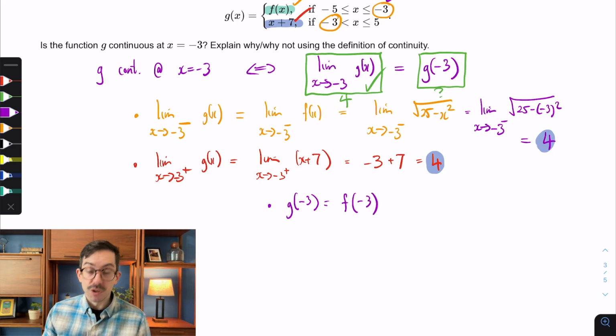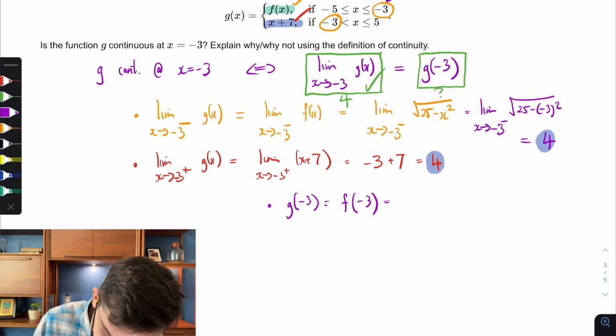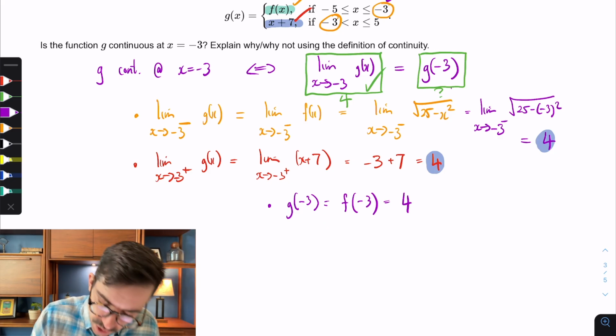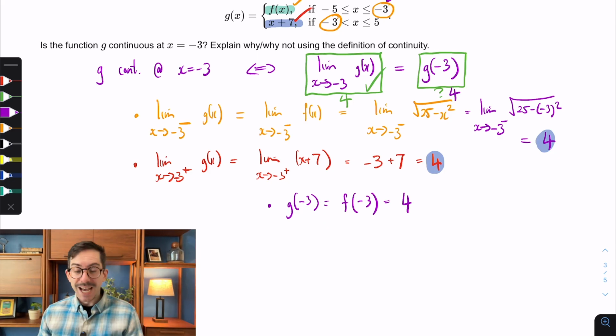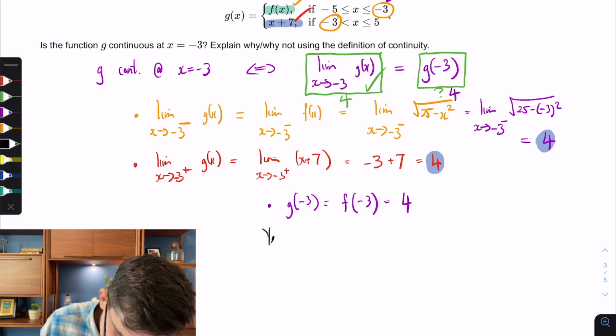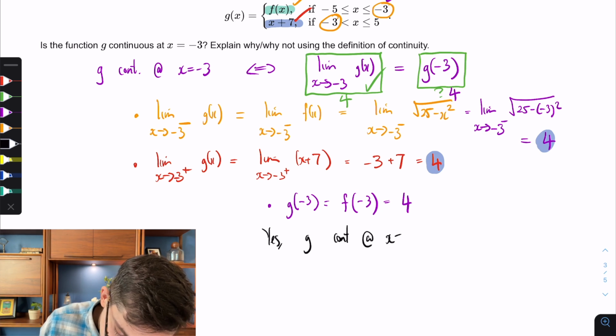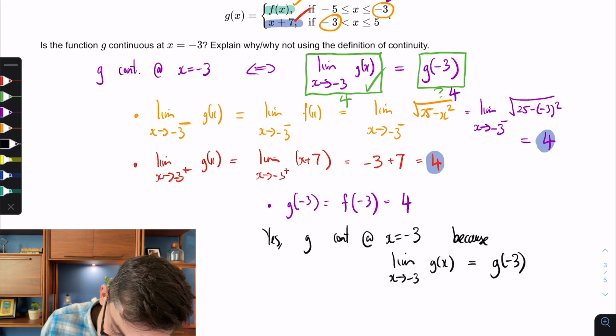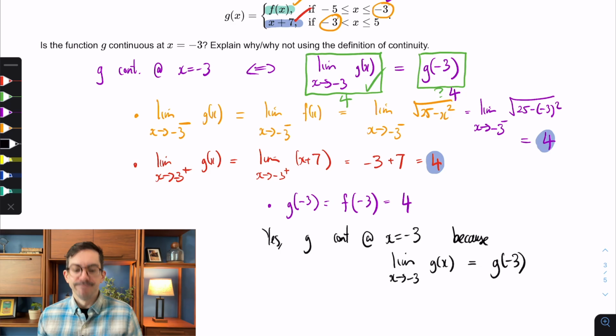And we've already worked out several times already that f of negative 3 is 4. So indeed, that right-hand side is 4. So yes, g is continuous at x equals negative 3 because the limit as x approaches negative 3 of g of x is equal to g of negative 3.